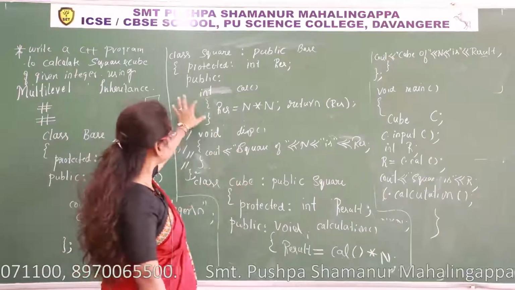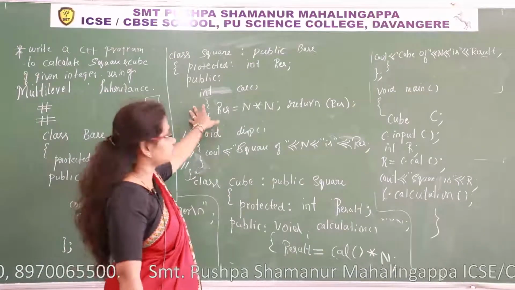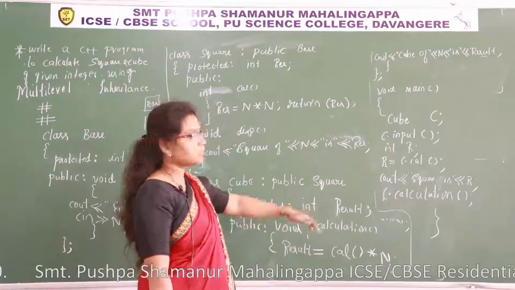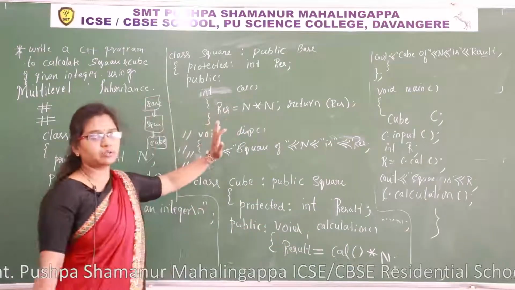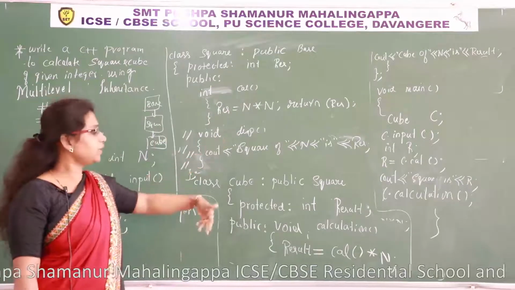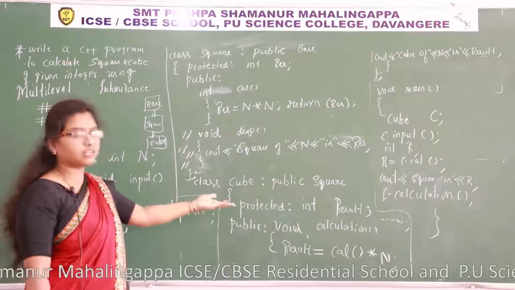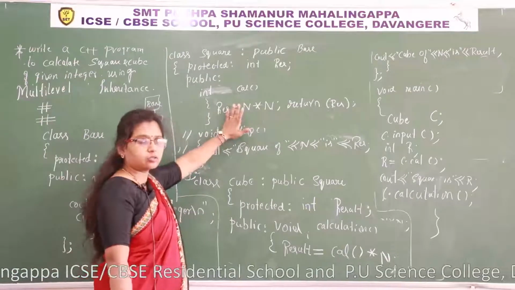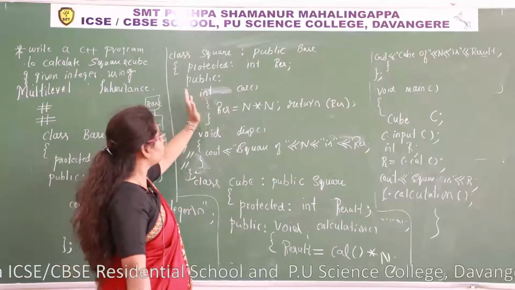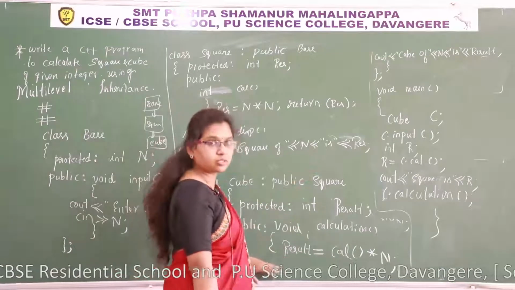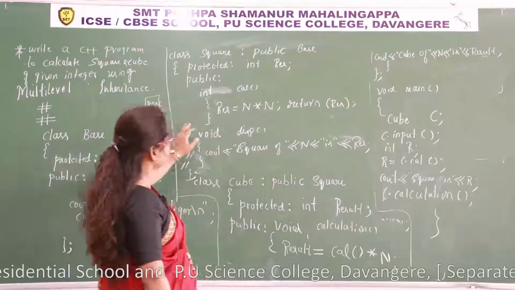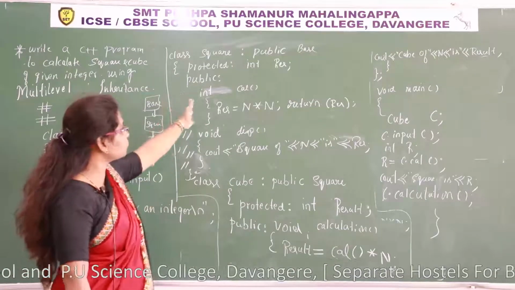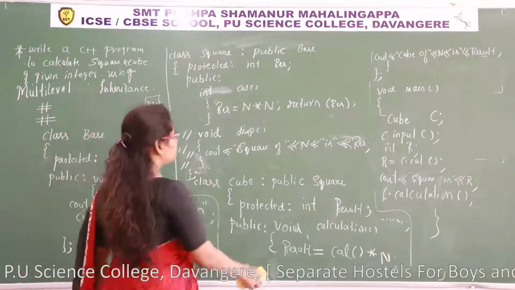So this function returns a result, and I need that result here. Because there is already a function to calculate the square of a number, why should I again write the same code here, n into n? It is already there, so I can use this function. To do this, I am returning a value from this function. Now, instead of returning a result, how can we make use of this function in the subclass? I'll show you.